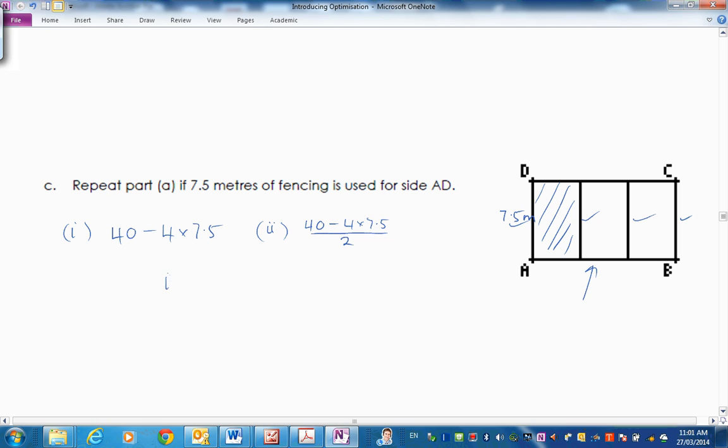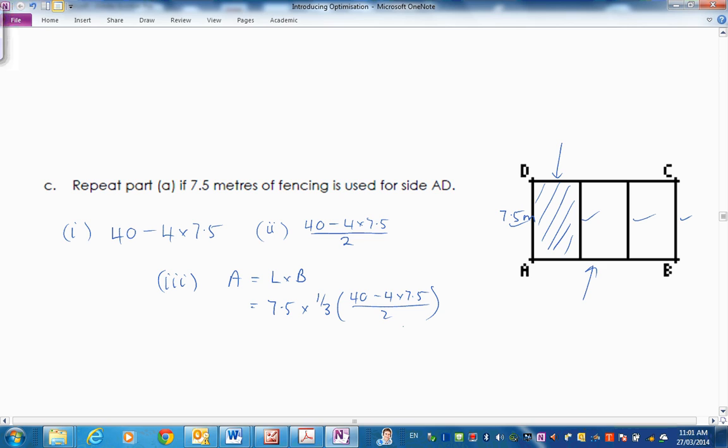And again, what's the area? I think you're seeing the pattern. The area is length times breadth, which is 7.5, and we only want a third, so it's a third of that whole length there, which is one of those like that. So there is a pattern emerging.